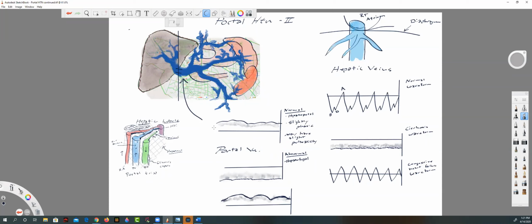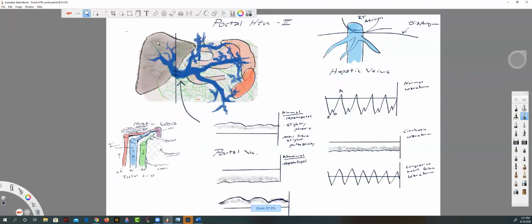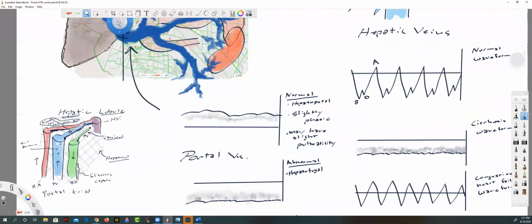And we leave the waveform above the baseline. Now, some people don't care. I do, because I think there's a very important difference between this picture and this picture down here. So we leave it above the baseline. Zoom up so we can see that writing a little bit better. So normal, all right? Forward flow, and that's why I have it above the baseline. Slightly phasic, meaning you take a breath, veins are phasic.